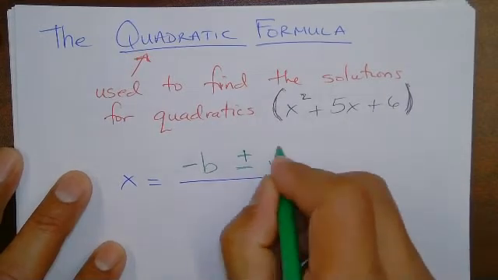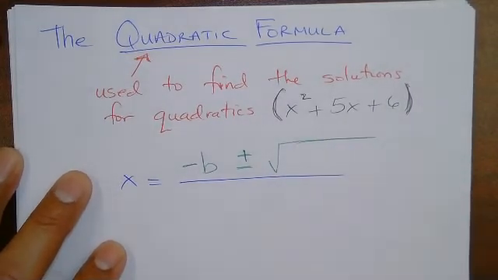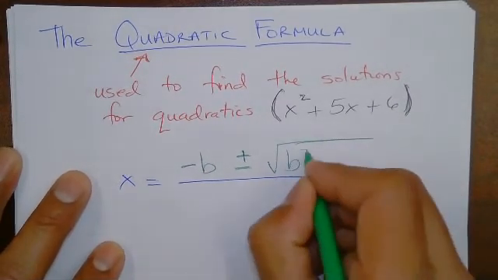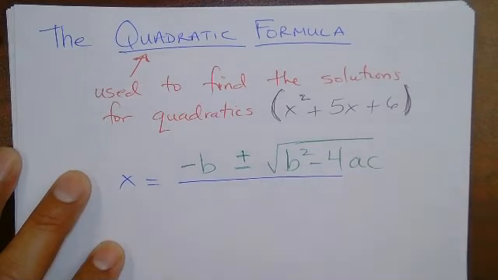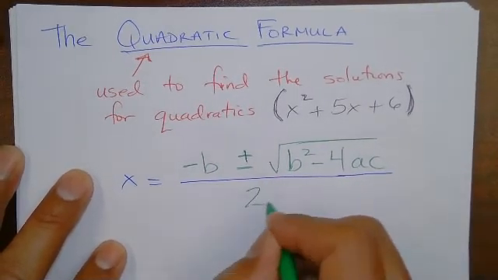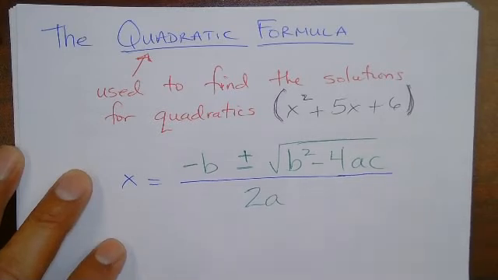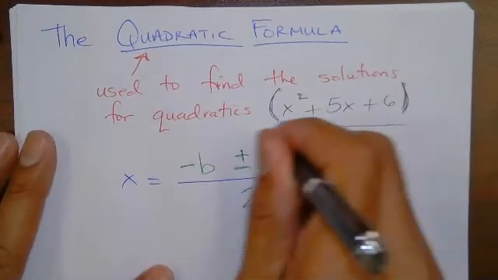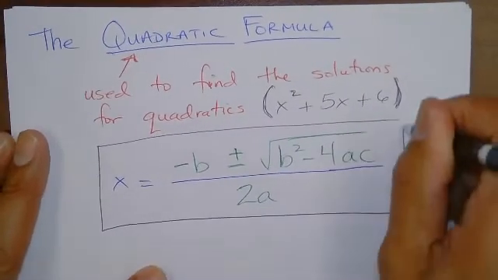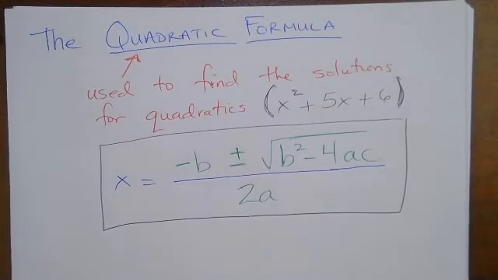Because remember, you're going to get two answers. Plus minus the square root of b squared minus 4ac, divided by 2a. It is a really intimidating formula with a lot of parts. This is the quadratic formula.